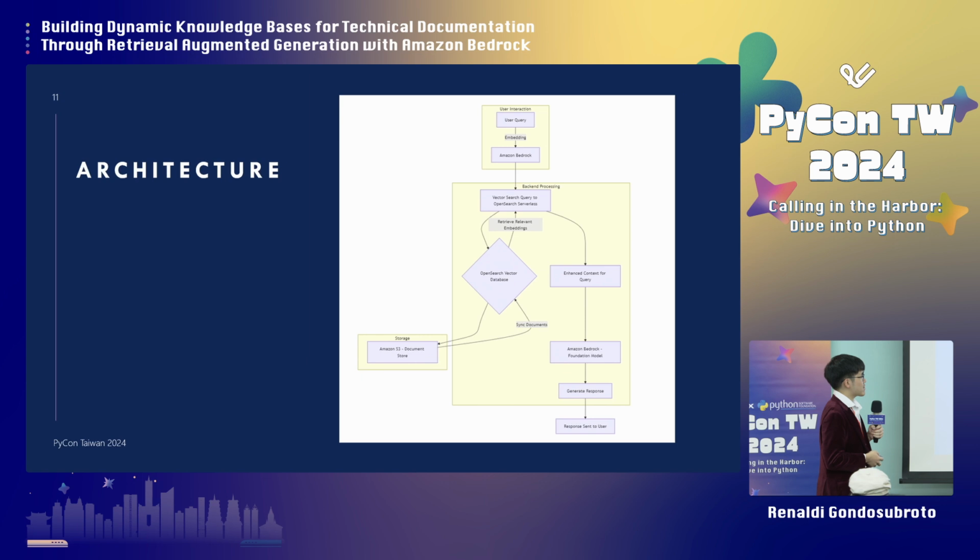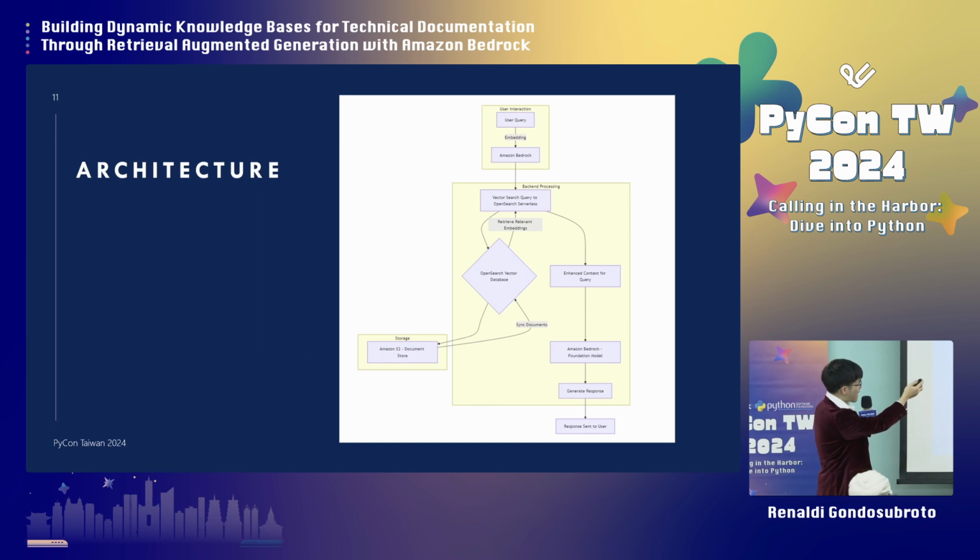So we have a vector search query that goes towards OpenSearch Serverless. We pass it to the OpenSearch vector database, and in turn, it goes to the Amazon S3 document store, which synchronizes documents. On the other hand, you can see that we have enhanced content for the query as well. We pass it to the foundational model, generate a response, and send back a response.